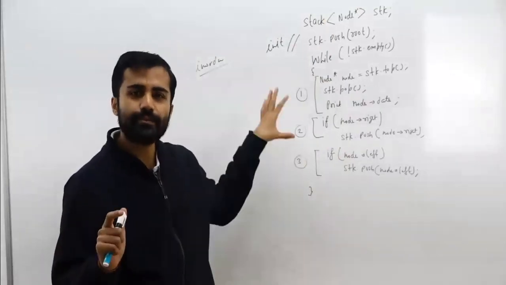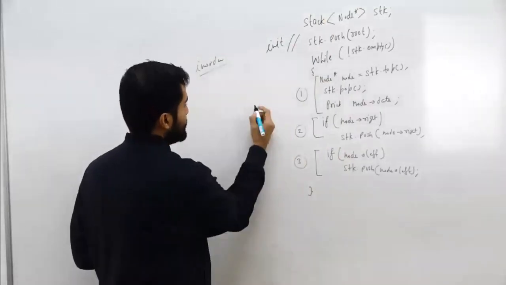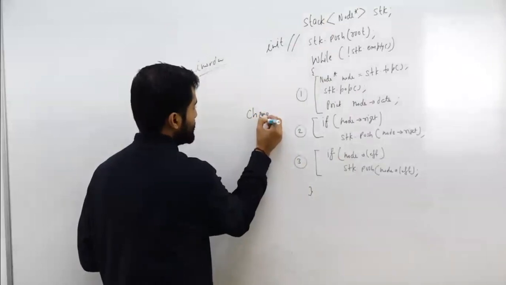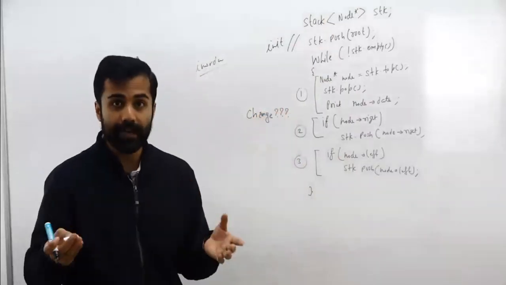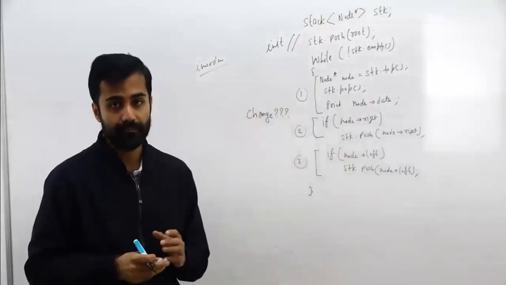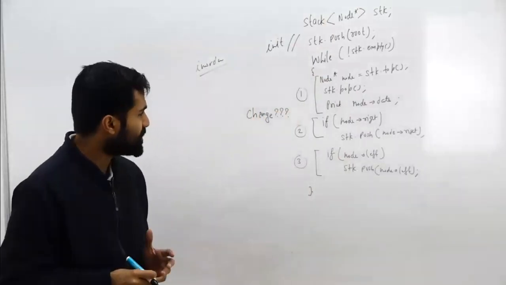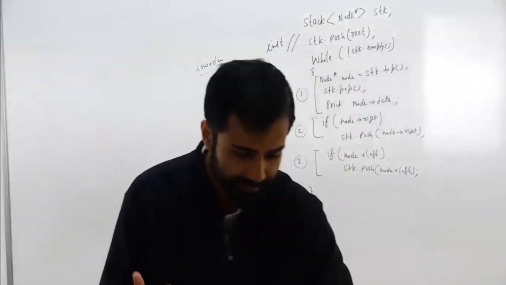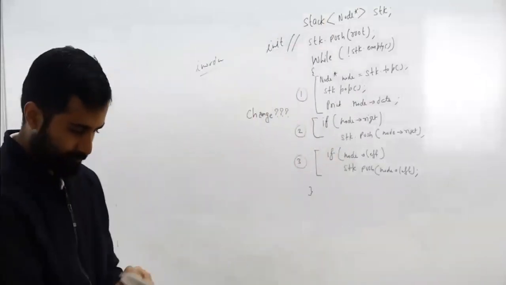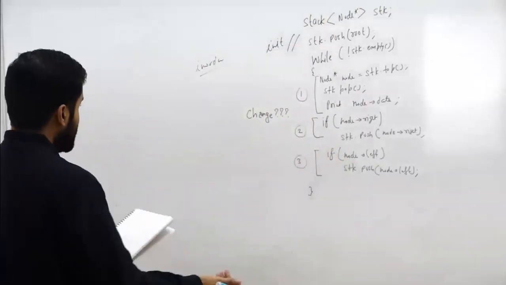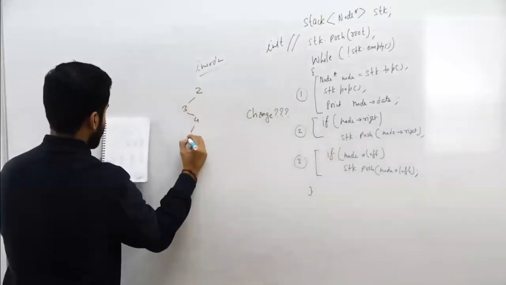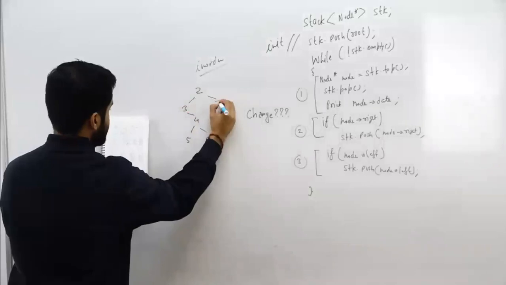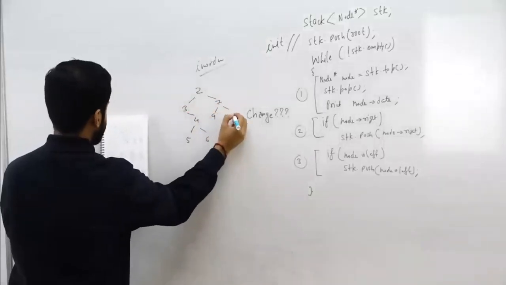So something has to change over here. Something has to change. Now, what has to change, that we have to decide. Correct? So let's take example of the same tree again. I think it was 2, 3, 4, 5, 6, 7, 9, 10, right?